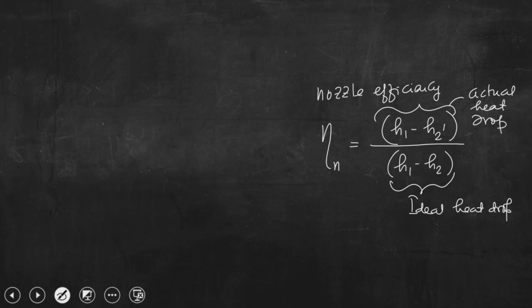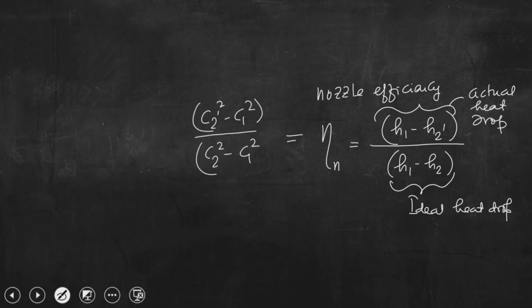We also could relate this quantity to the velocity. So, if we write this, it is again nothing but C2 prime square minus C1 square divided by C2 square minus C1 square.